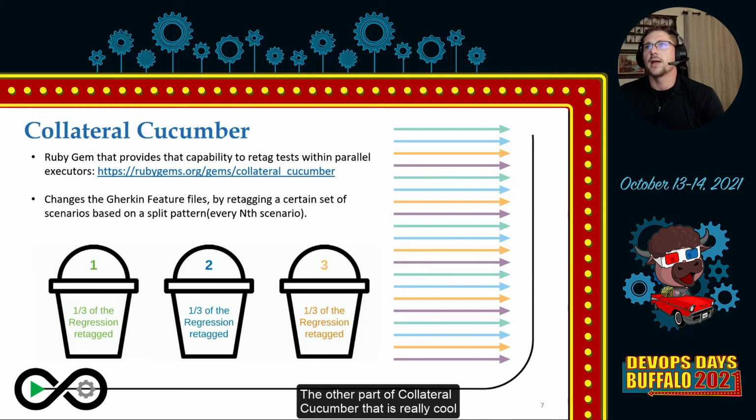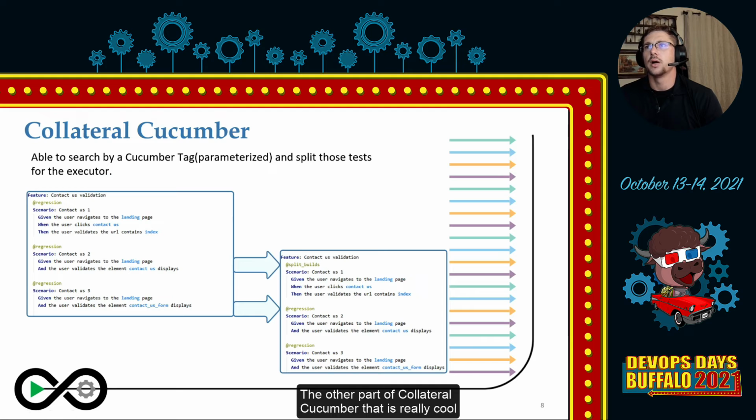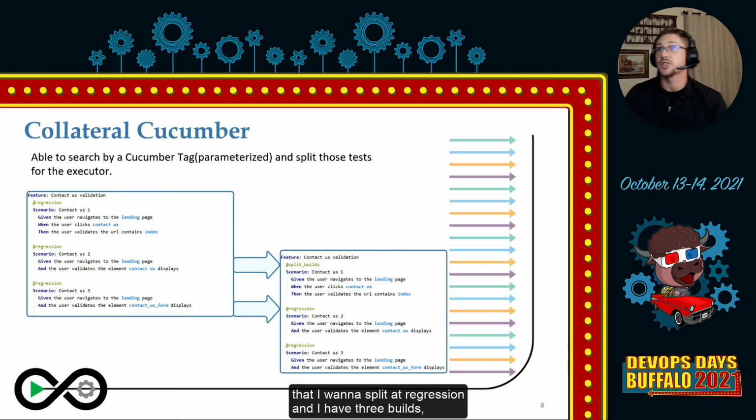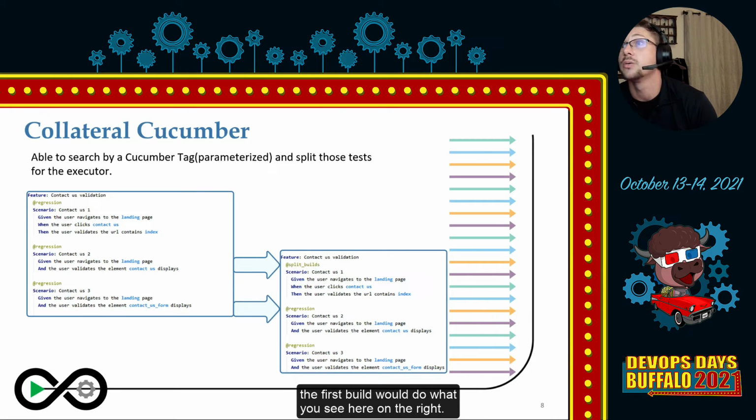The other part of Collateral Cucumber that is really cool is that it allows us to tell it which set of tags we want to replace. So I can say I want to run the regression, which is signified in Cucumber as @regression. We can see there, if I signify within Cucumber that I want to split @regression, and I have 3 builds, the first build would do what you see here on the right.